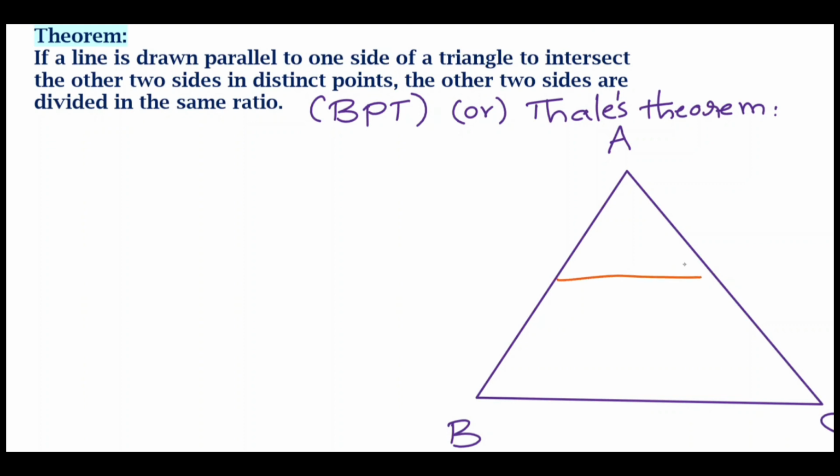For example, this is the line, drawn parallel to one side of the triangle. This point will be D, and this is E. This is the information they give us. Now we need to prove that the other two sides are divided in the same ratio.